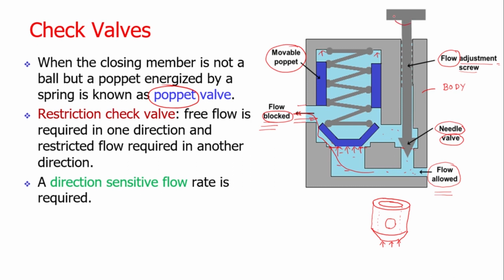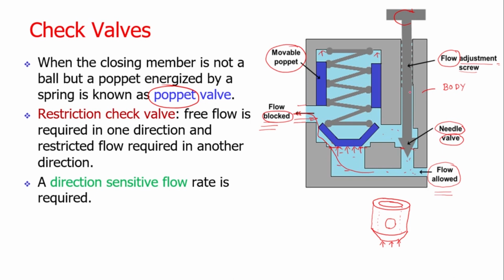If you rotate this in a clockwise direction, then this screw will go in downward direction. This passage will be closed. The fluid pressure at the inlet minus the pressure required to surpass the spring pressure will be the outlet pressure from this particular check valve.